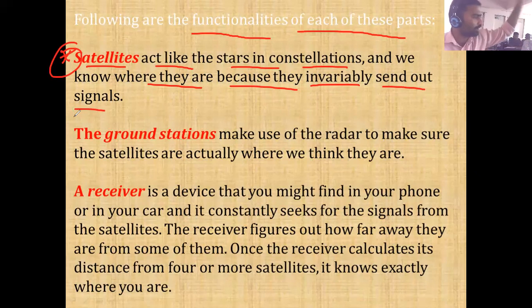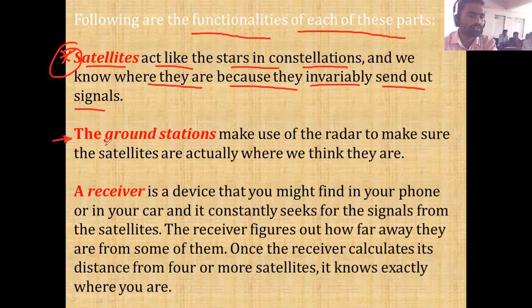In the solar system there are different planets, and Earth is one planet. Similarly, a satellite is one part among the bunch, and they invariably send out signals.